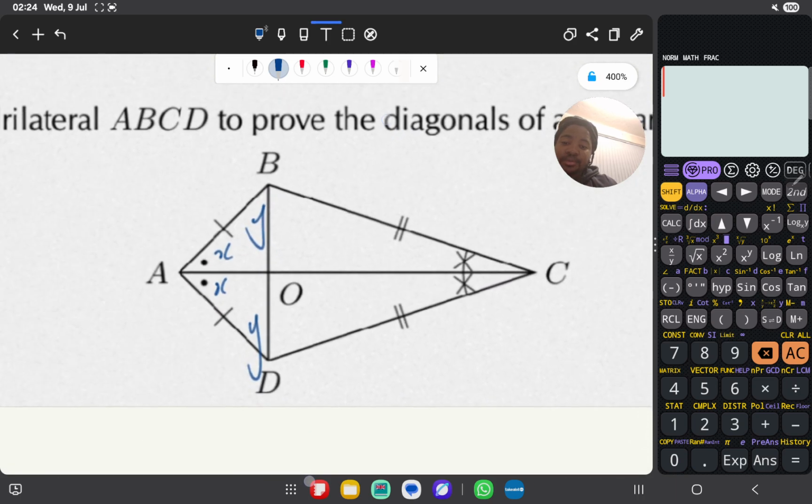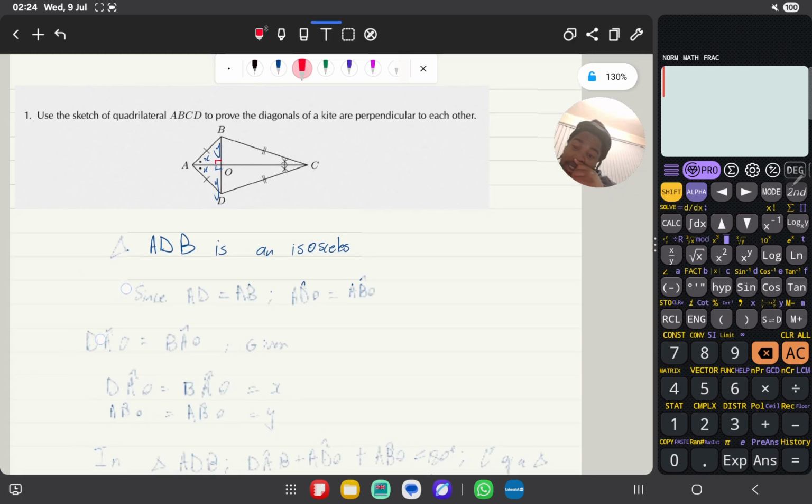And now remember, we are saying X plus Y equals 90 degrees. If these two angles equal 90 degrees, it must mean this angle is 90 degrees. And also the same on that side. If X and Y equal 90 degrees, therefore this one must be 90 degrees, right?